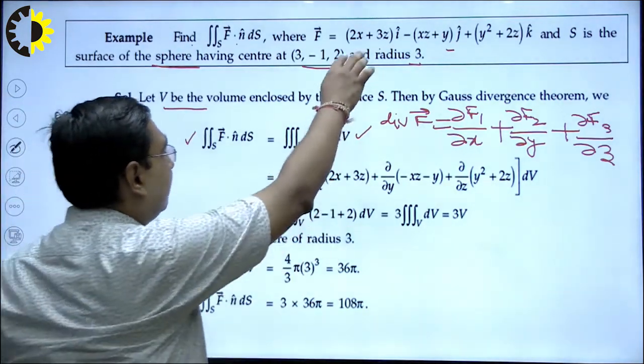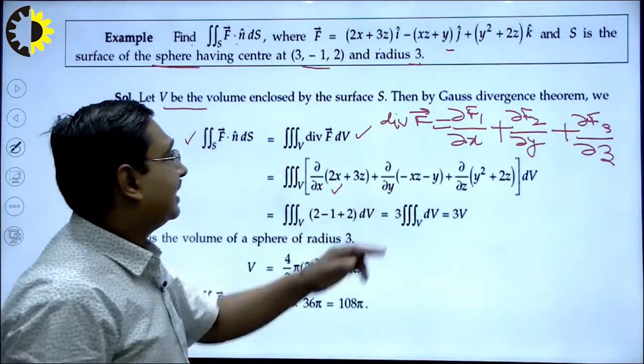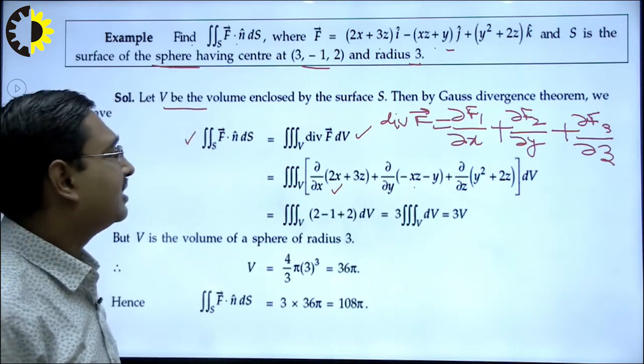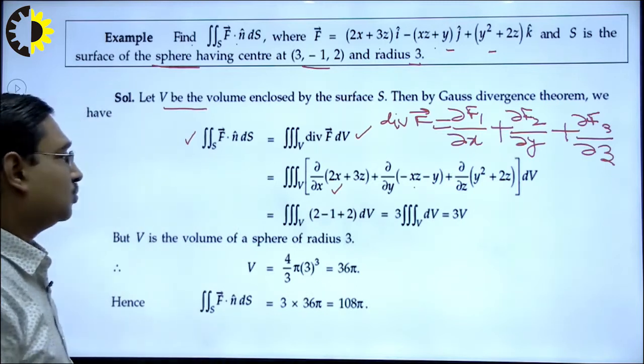So this will be del over del x of (2x plus 3z) plus del over del y of (minus xz minus y) plus del over del z of (y square plus 2z).